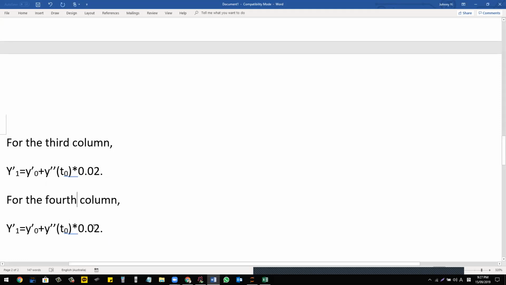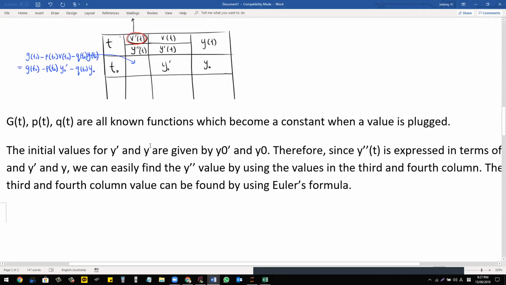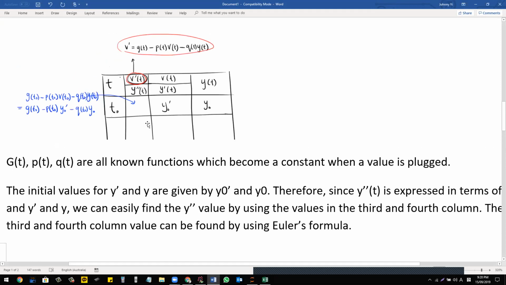Could you go over it one more time? It's a little bit difficult to describe because there are too many things.